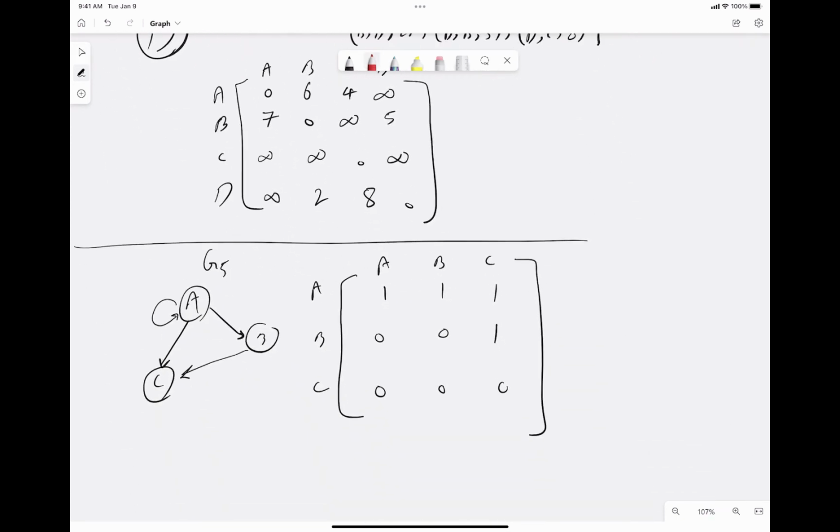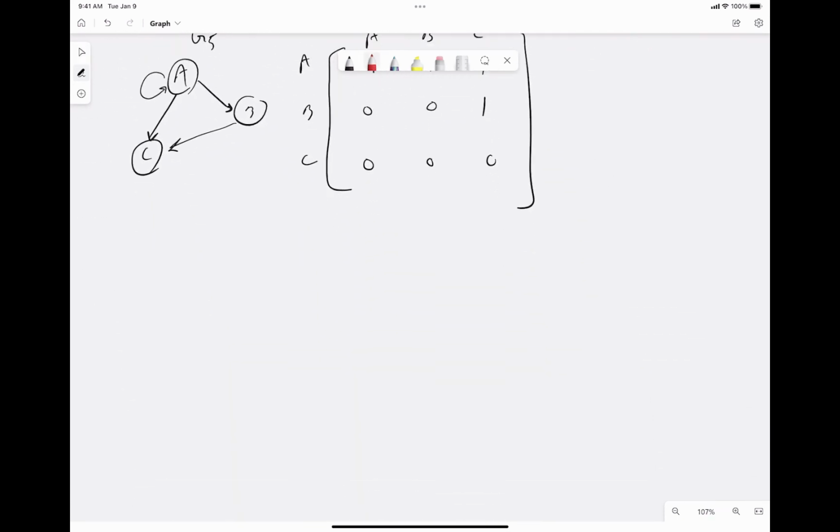We can also maybe show more examples of circuits and cycles. Maybe it's good to see an example of both.